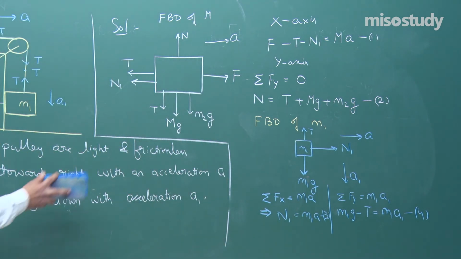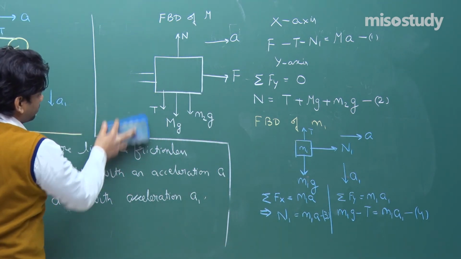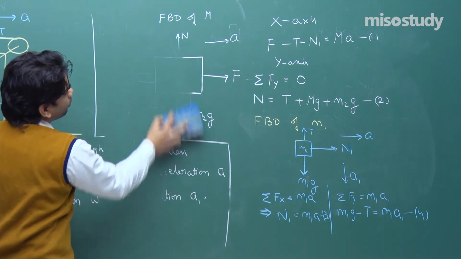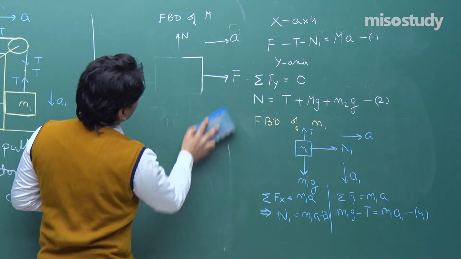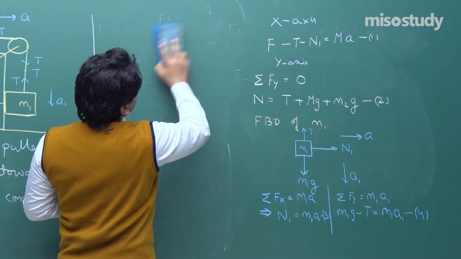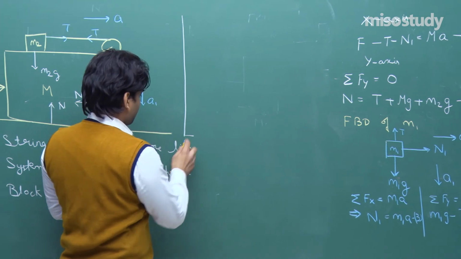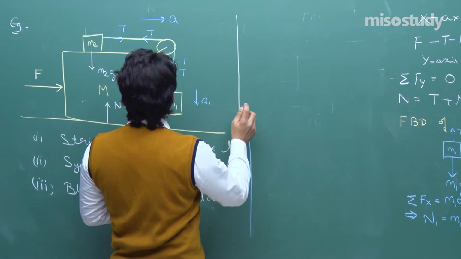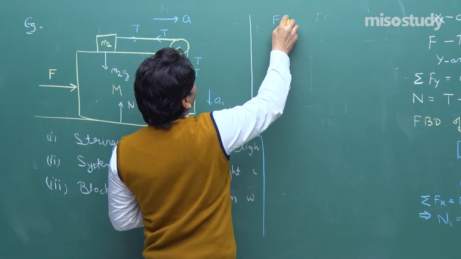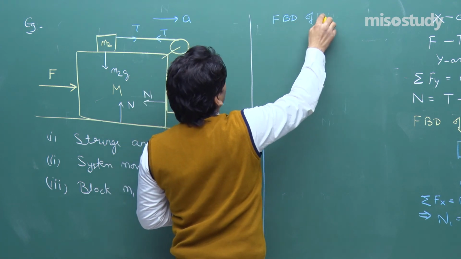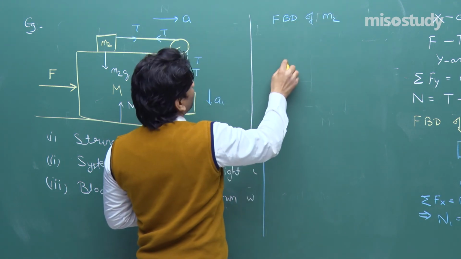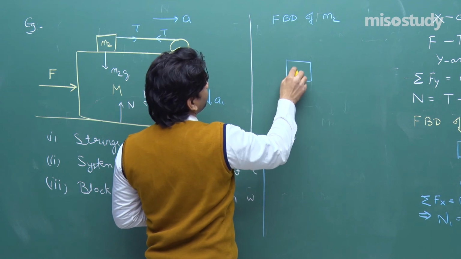Okay, what I am going to do, I am only going to rub this part, and the diagram I am going to keep as it is, and the equations are there, that is given to us. So we are left with writing the force equation for the block M2. So FBD of M2, if we make, we are going to get M2.